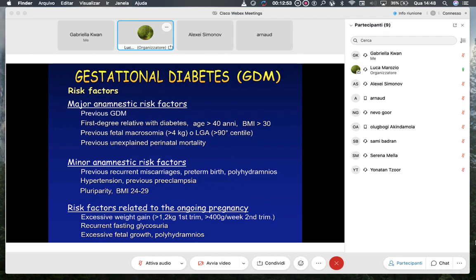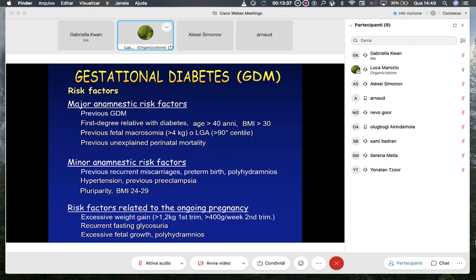Gestational diabetes is not so dangerous for the mother, although it's a risk for development of type 2 diabetes later in life, but it's dangerous for the fetus. One of the major problems is that excessive amounts of glucose passing the placenta and going through the fetus stimulate fetal insulin and insulin-like growth factor secretion, which are responsible for excessive fetal somatic growth.